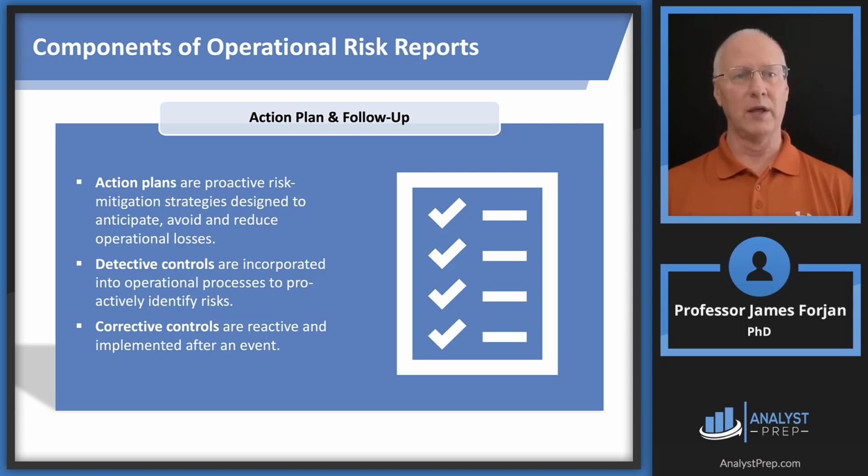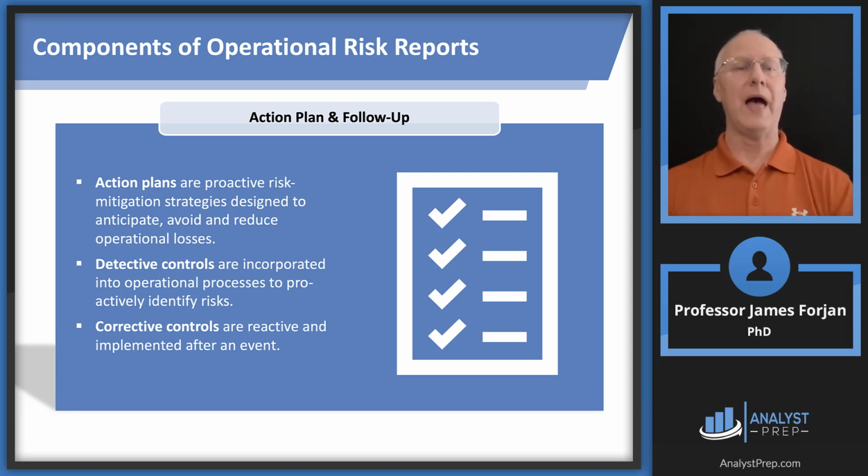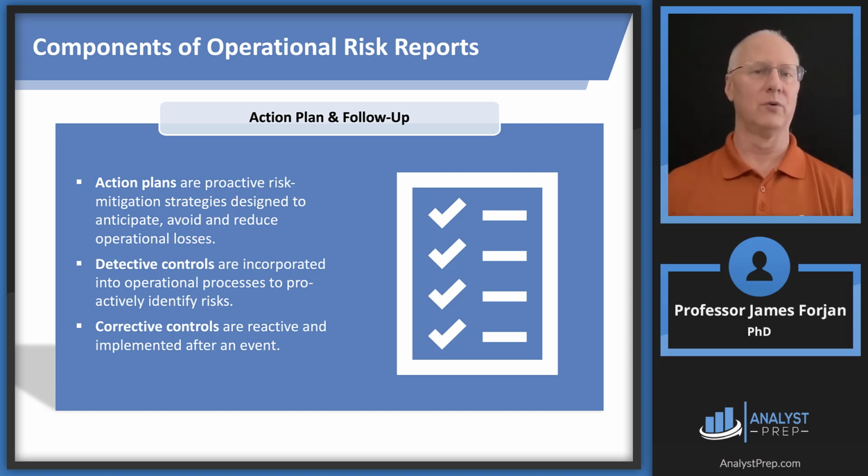So when you wake up in the morning and you anticipate all of the bad things that can happen with market risk or credit risk or operational risk, then you can design strategies to avoid, to manage, to transfer, and to ultimately reduce. And that comes through detective controls and corrective controls.